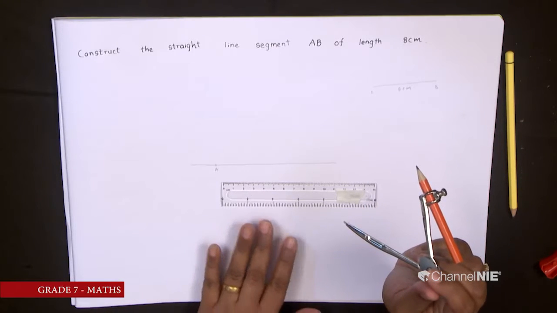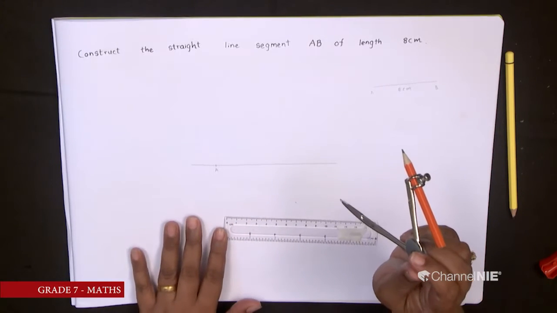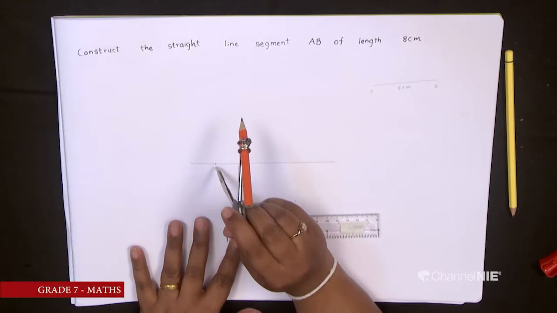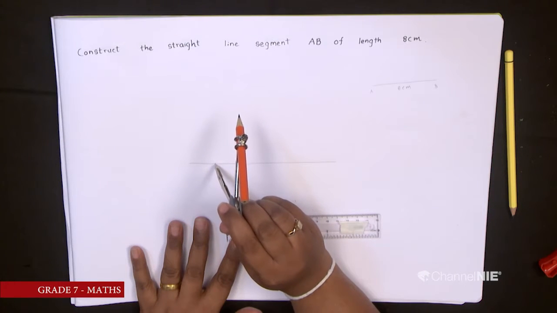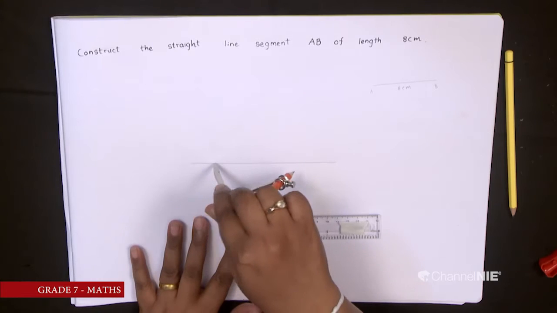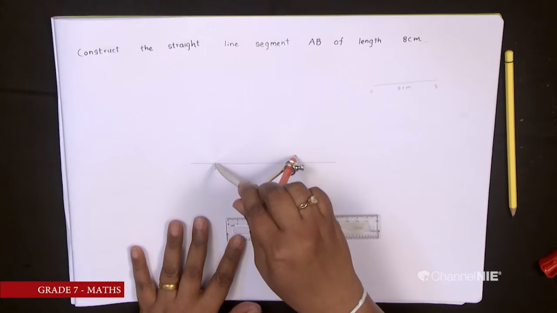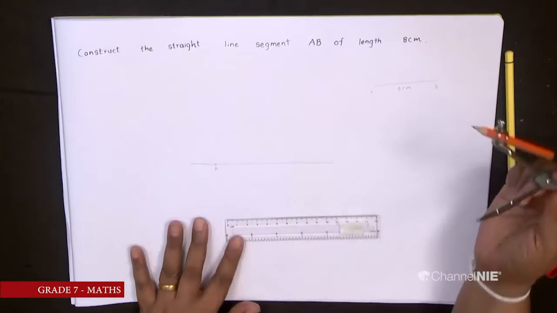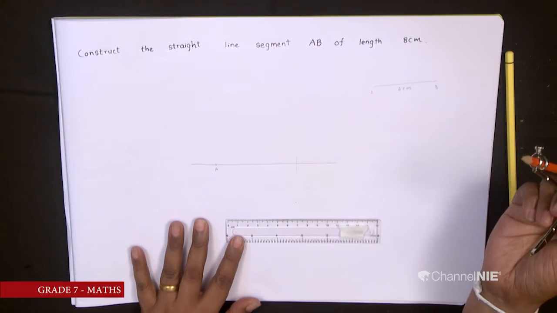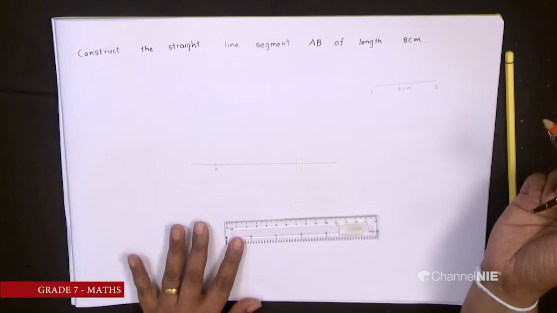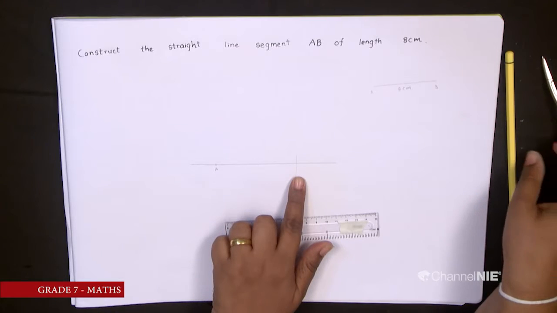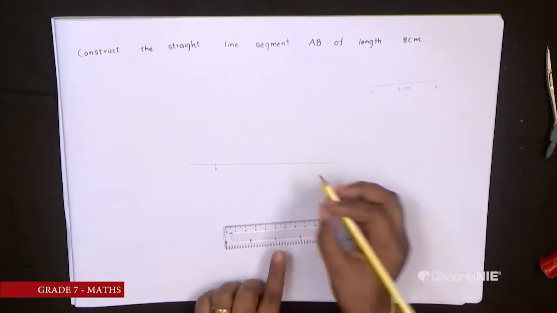Now, we have to construct the straight line segment AB. Therefore, I am going to place the tip of my pair of compasses on A and draw an arc to intersect the straight line segment. There, I have constructed a new point, that is my point B. Right, now we have constructed point B on the straight line segment.